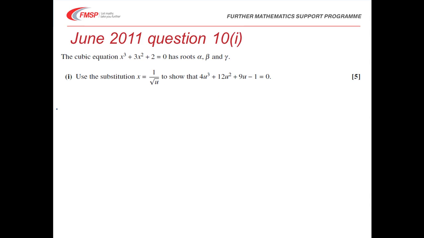So let's have a look at part 1. We've got to use this substitution, x equals 1 over the square root of u.